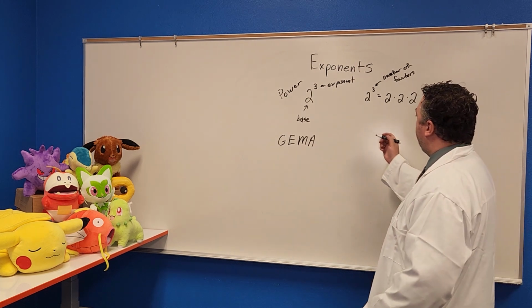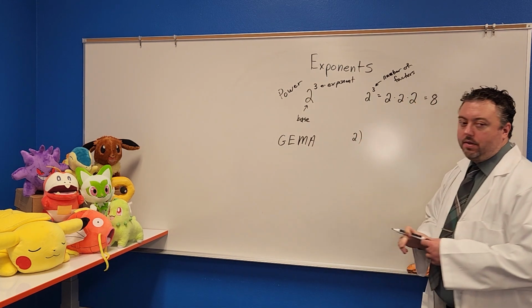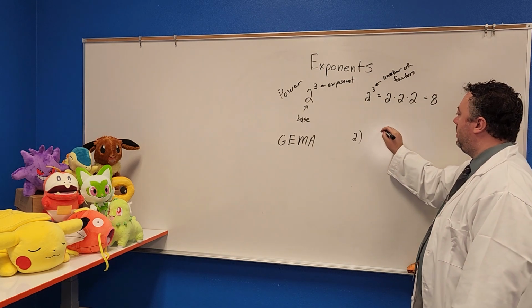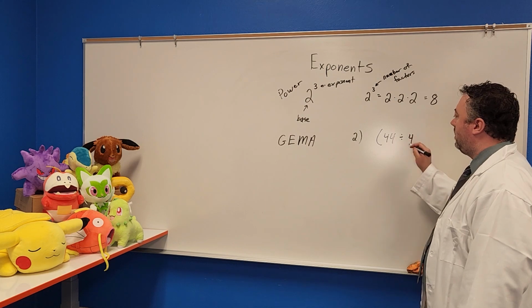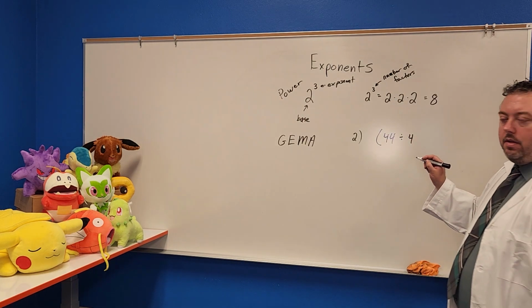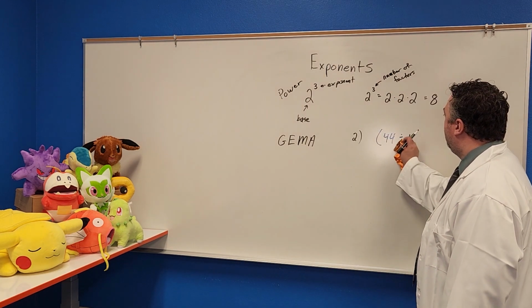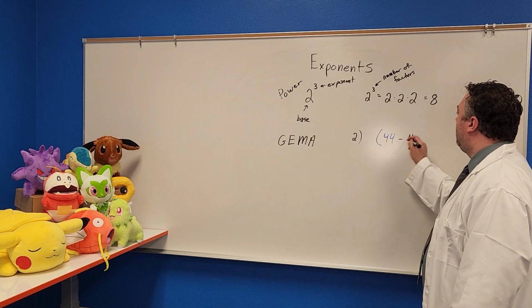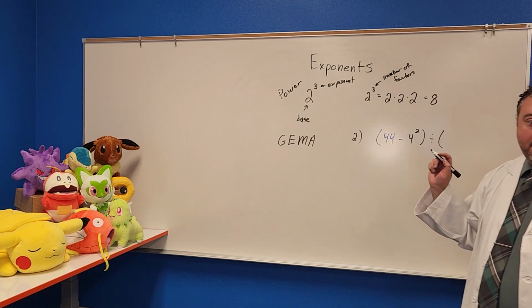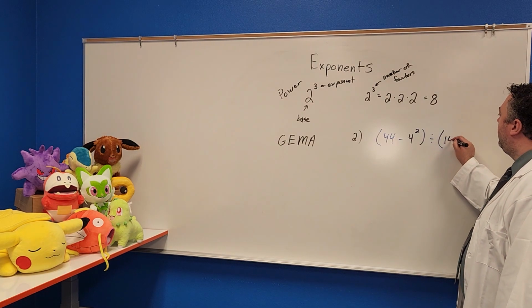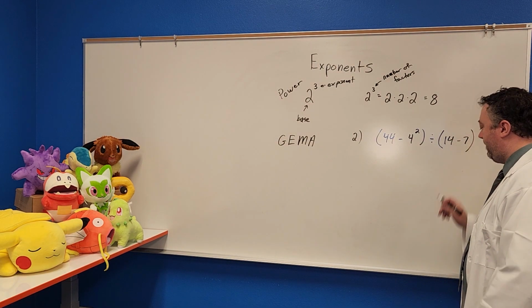We'll do one more example. 44 minus 4 squared, in parentheses, divided by, in parentheses, 14 minus 7.